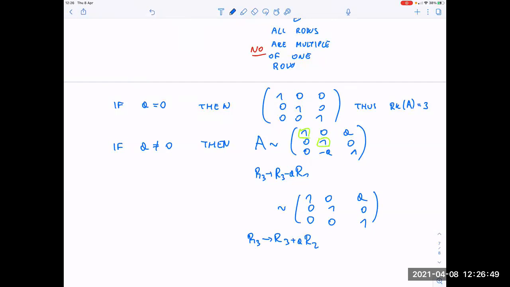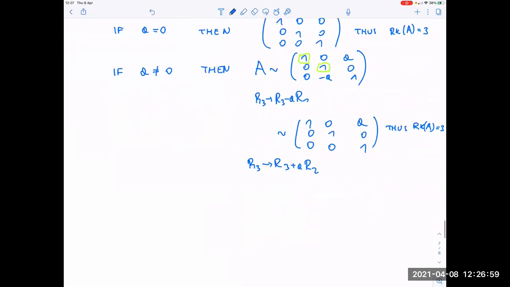Okay, and so what is the conclusion here? Thus, the rank of A is 3. So our conclusion is that, hence, the rank of A is equal to 3 for all values of the parameter A. Okay?